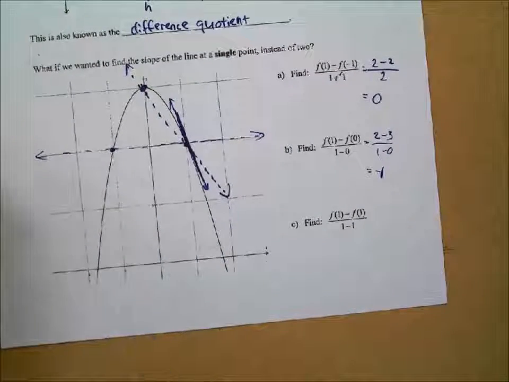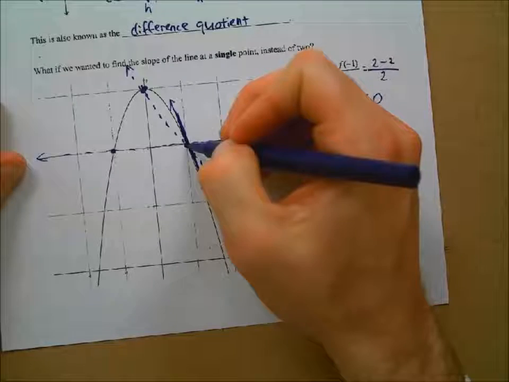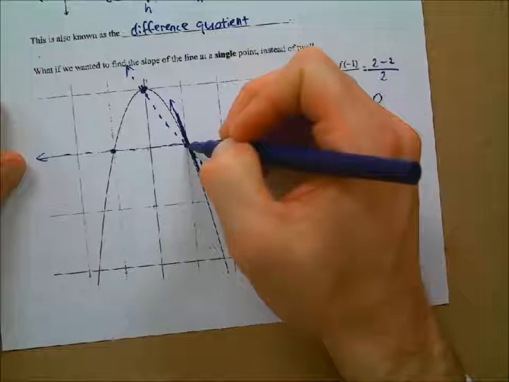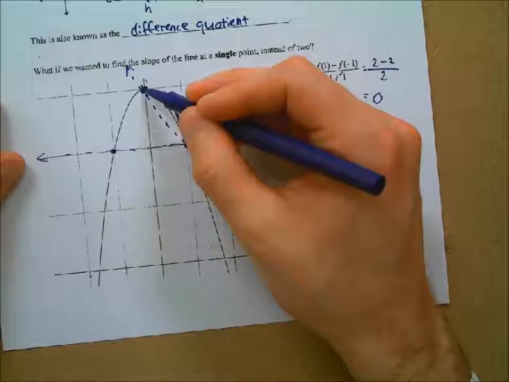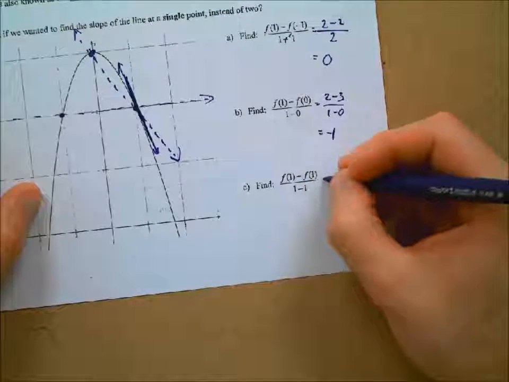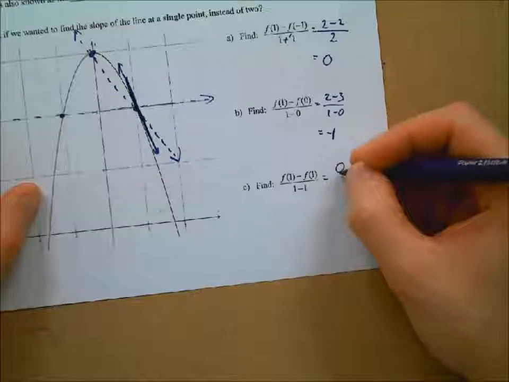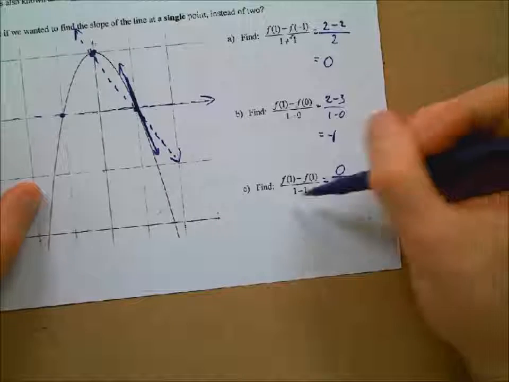Okay. Well, let's move this point all the way in to this point right here. Again, we started here, we moved it in closer, and now we're going to move it in all the way. What's f of 1 minus f of 1 going to be? 0, because 2 minus 2 gives us 0 overall. What's 1 minus 1? 0.